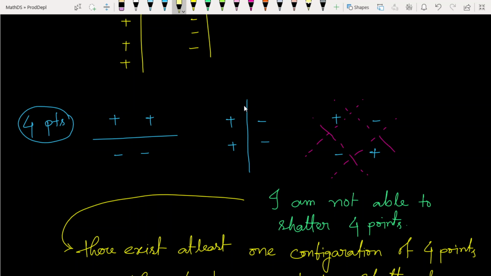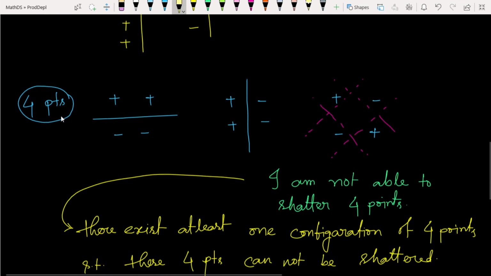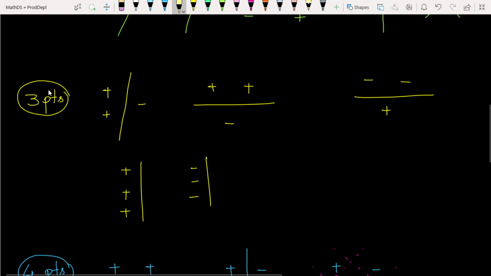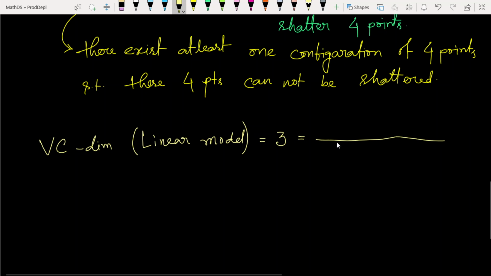In general we call it a shatter, but in the linear model we call it a line or plane or hyperplane. It is totally impossible for four points, but for any configuration of three points, it is always possible to find a shatter that separates them.